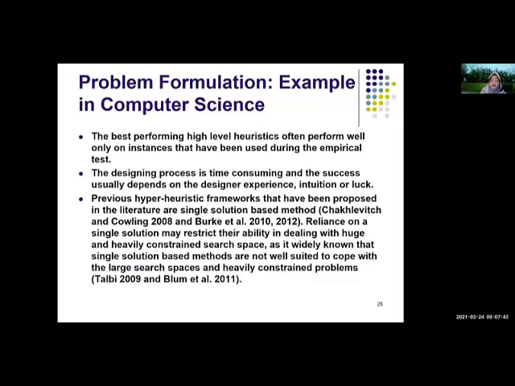So if you look at this, this is how these authors formulate the research problem in computer science. All the issues are related to the technique in computer science.